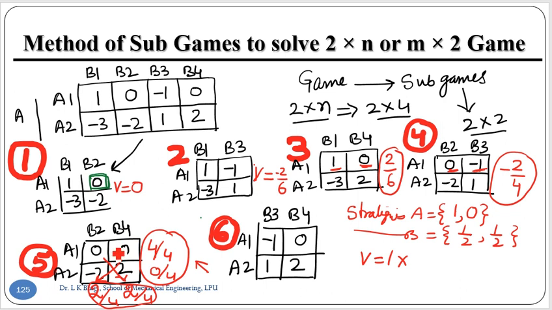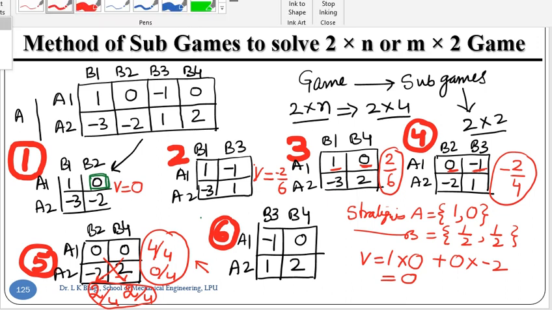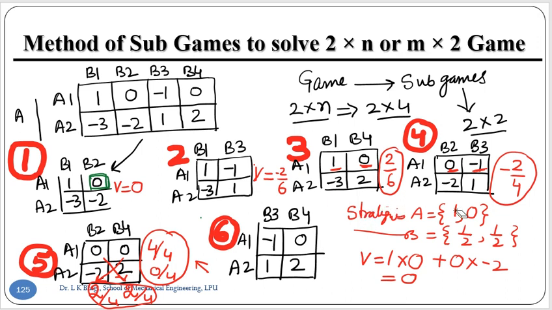Suppose I select B2, then it is 1 into 0 plus 0 into minus 2. Respectively, we multiply, and then the value comes to be 0. So the value for subgame 5 is 0. You can write the value directly over here.